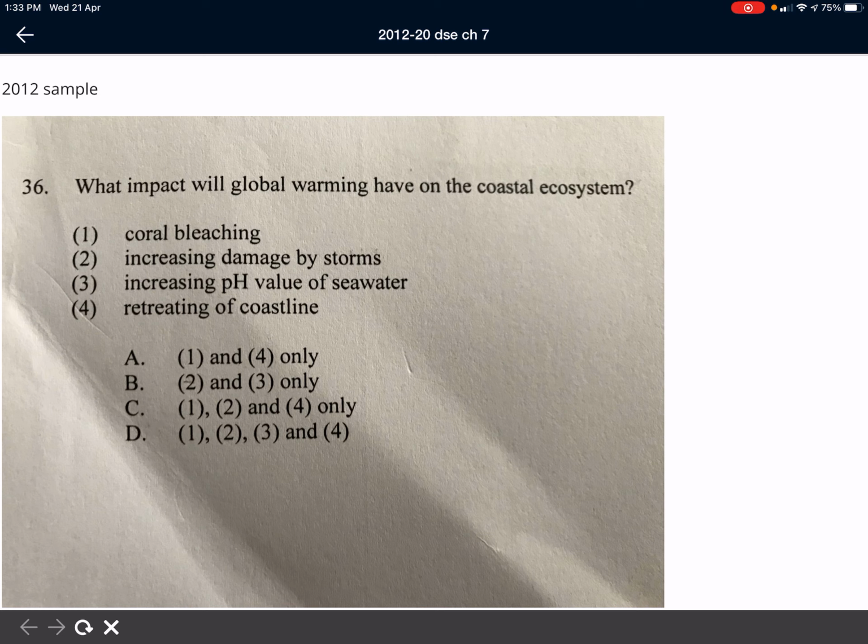Because number 3, as I've said before, increasing pH value is talking about the water becoming alkaline instead of being acidic. Okay, so the answer should be 1, 2, and 4.